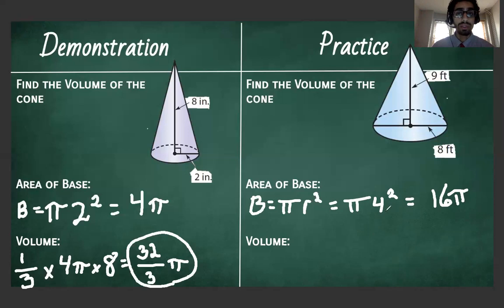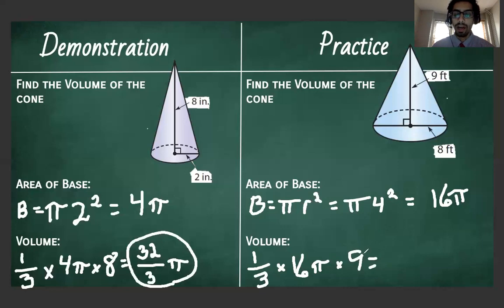Now we can plug this into our volume formula. So I'm going to do 1/3 times the area of the base, which is 16 pi, times the height of the cone, which is 9. And we're just going to solve across.